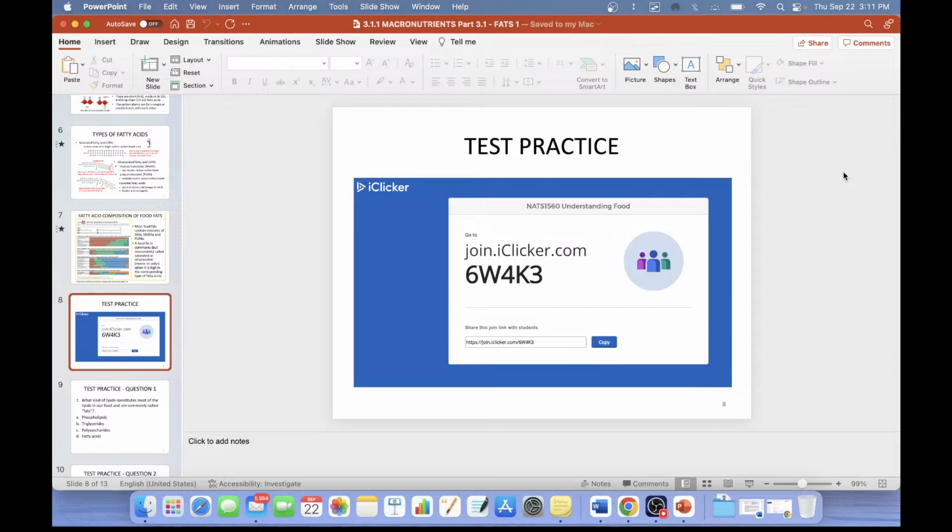What distinguishes saturated from unsaturated fatty acids? Choose the best answer. This is a question where it's possible that all the answers are correct, and if all the answers are correct, then the best answer is all the answers.